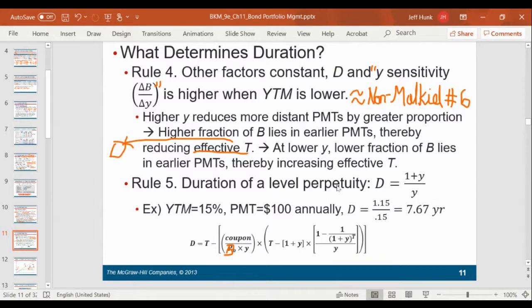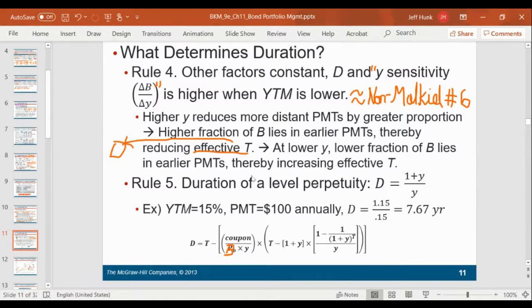Reducing effective T, right? So on the other end, at lower yield, a lower fraction of price lies in earlier payments. Because, think about it, now the discount rate is smaller, so the distant future gets discounted less.